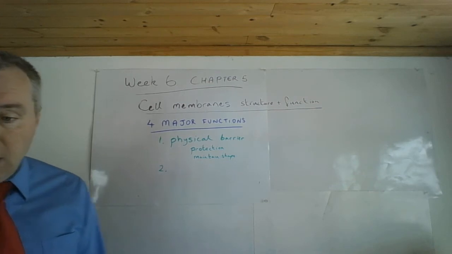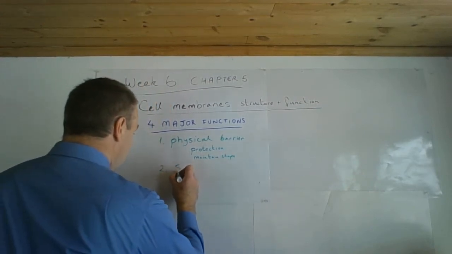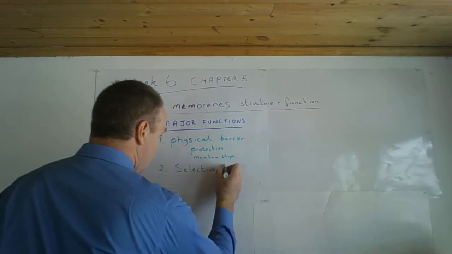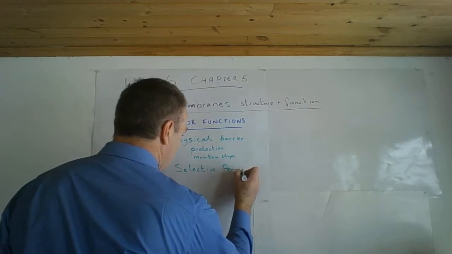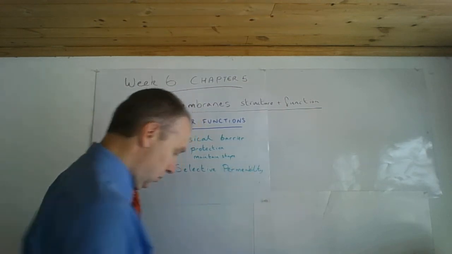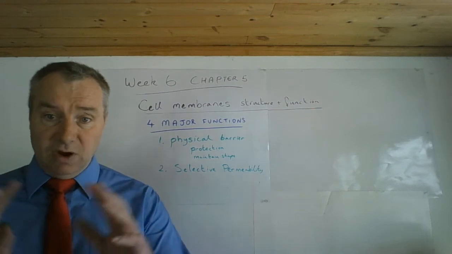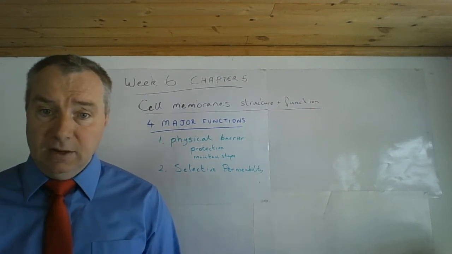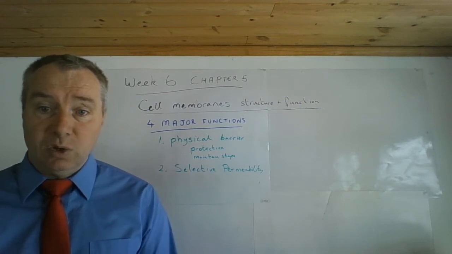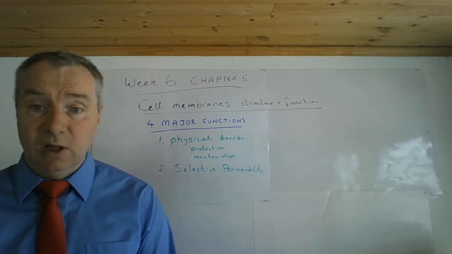Number 2 is selective permeability. If you think about the cell as being surrounded by a wall, we have certain gates in the wall that allow things in and out, and also the wall itself is permeable to certain things that the cell always needs.